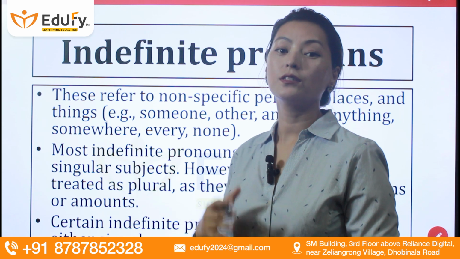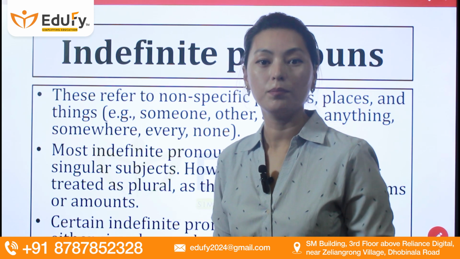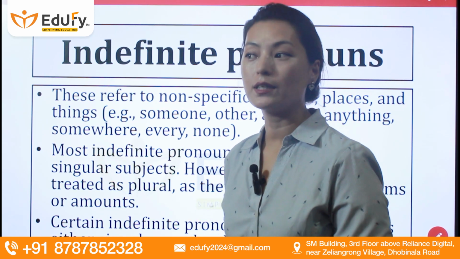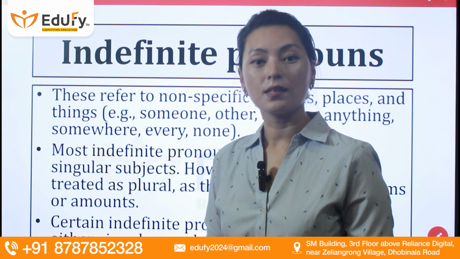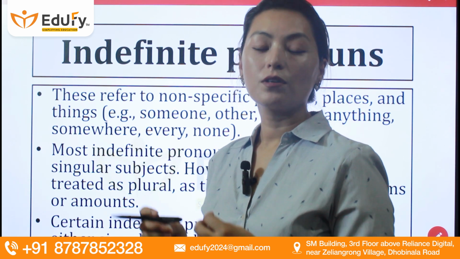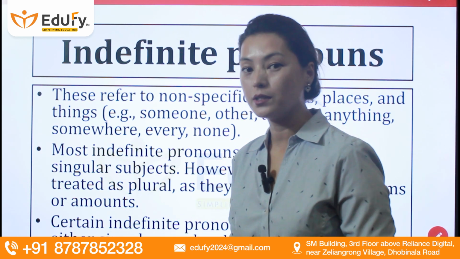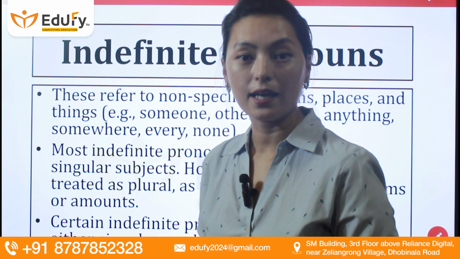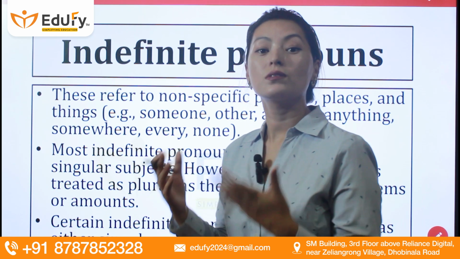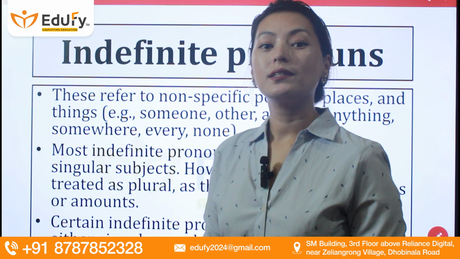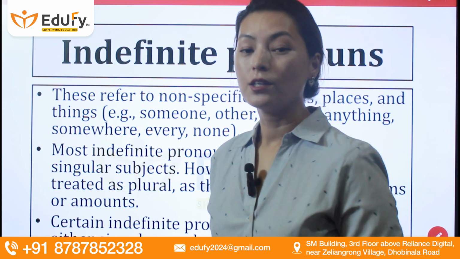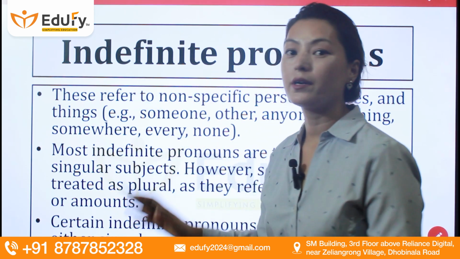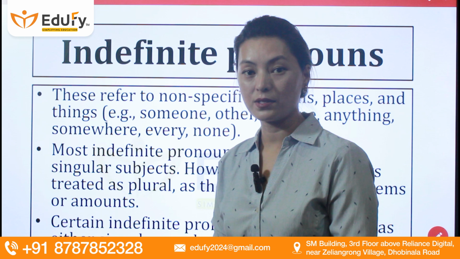Indefinite pronouns refer to non-specific people, places, or things. For example, if I say something or someone, I am not referring to exactly a particular person. I'm not naming them, not giving you an exact identity, but I'm referring to someone, right? So it's a non-specific thing. Therefore, indefinite pronouns refer to non-specific things.